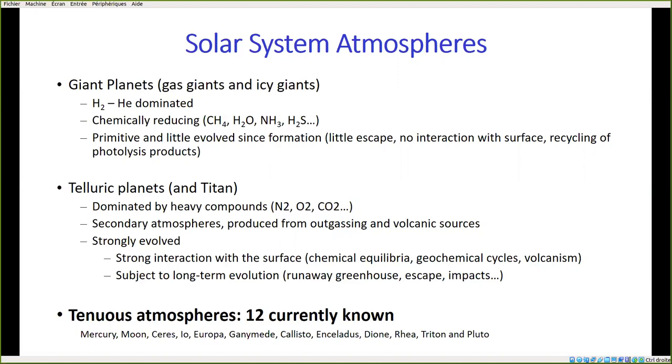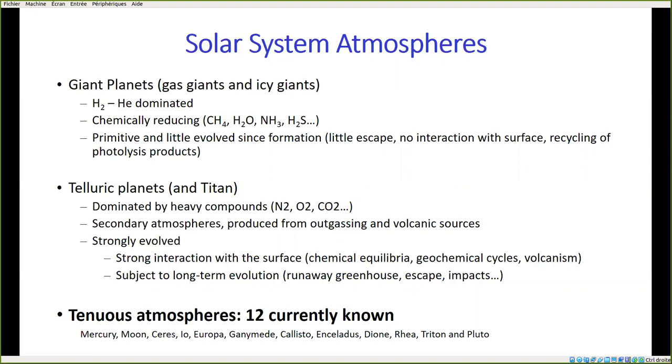On the other hand, the atmospheres of the telluric planets are dominated by heavy compounds such as molecular nitrogen, oxygen, or carbon dioxide. These atmospheres are secondary, having been produced by outgassing and volcanic sources, and they are strongly evolved due to strong interaction with the planetary surfaces. This includes chemical equilibria with rocks, geochemical cycles, volcanism.